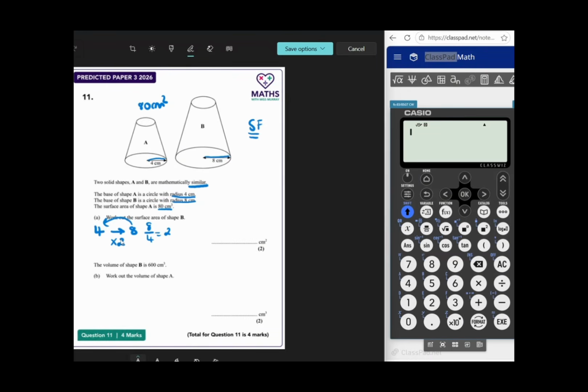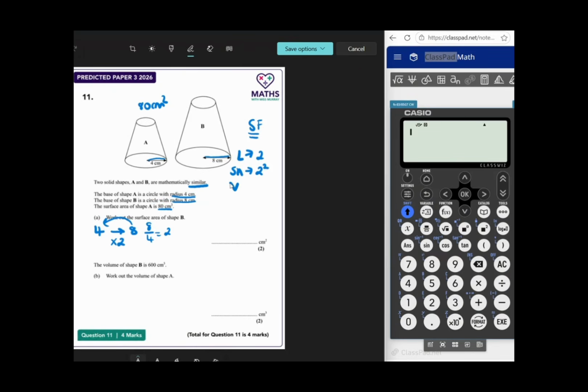So my scale factor is 2, but what you need to know is the length scale factor is 2, but when you go to surface area, the scale factor doesn't stay as 2 because area is centimetres squared. So your scale factor is now squared. It doesn't just stay as 2.